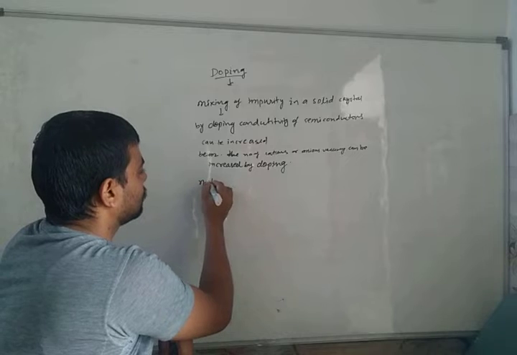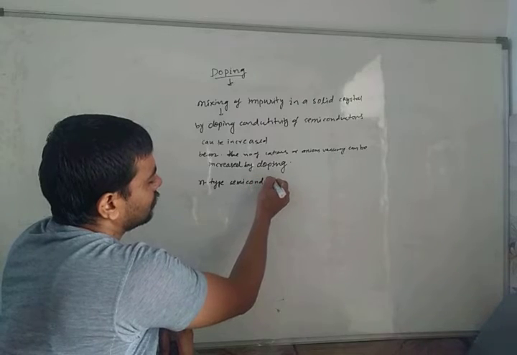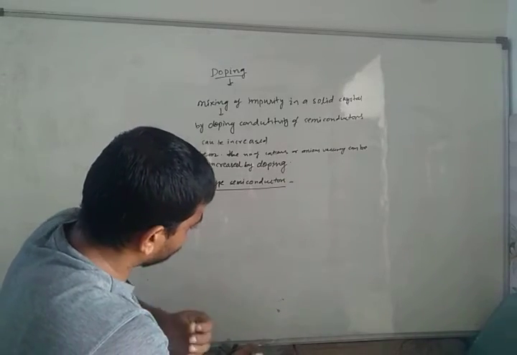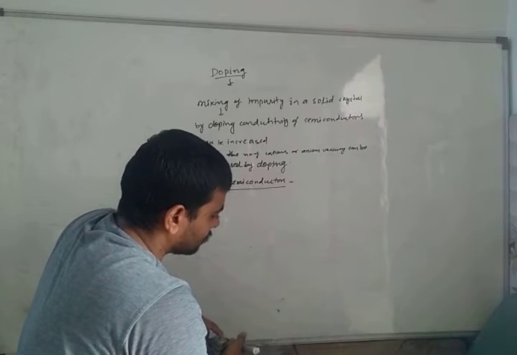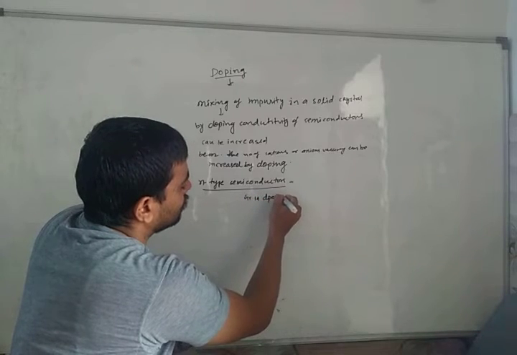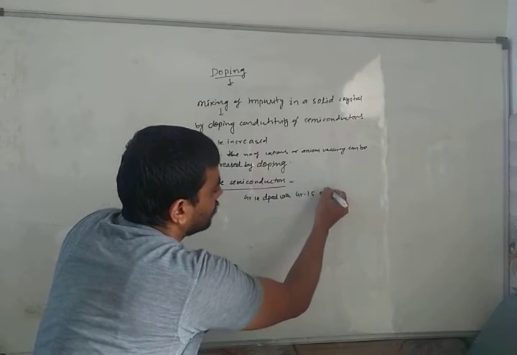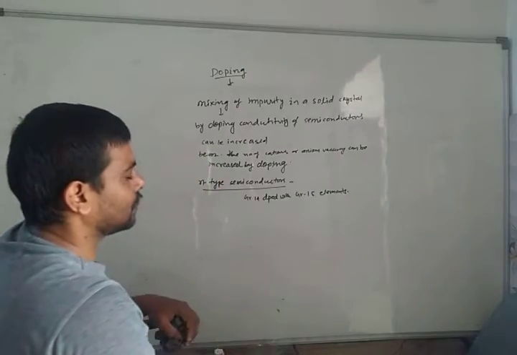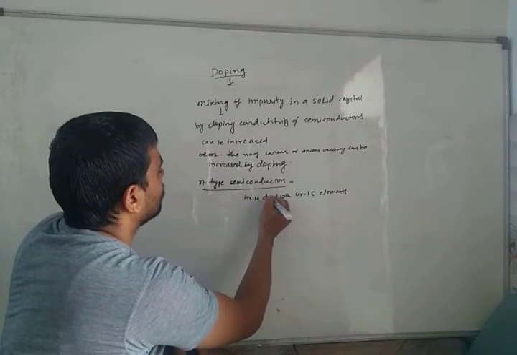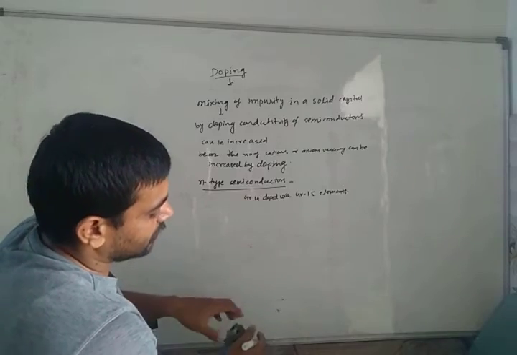Now n-type semiconductors. N-type semiconductors: Group 14 doped with group 15 elements.